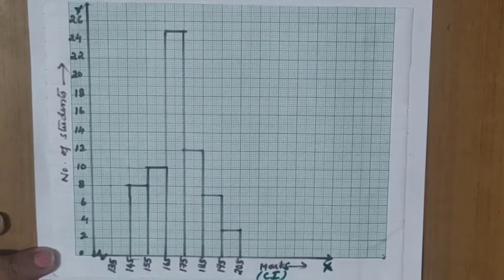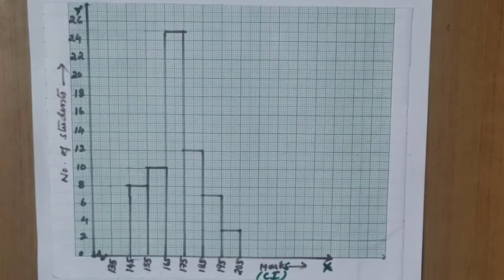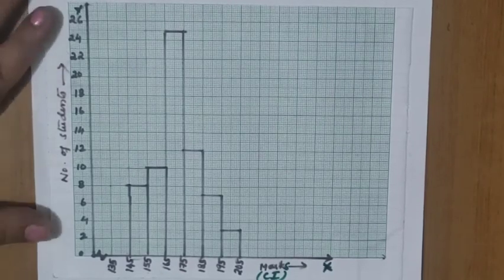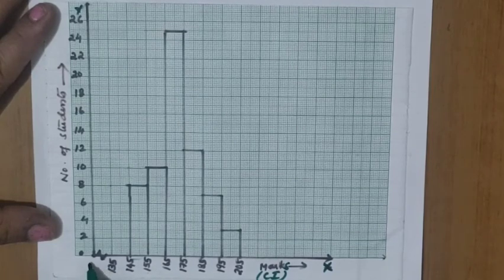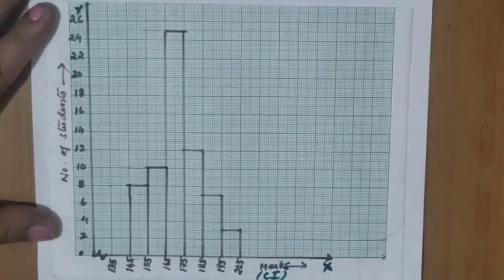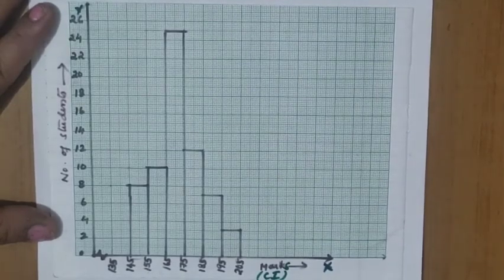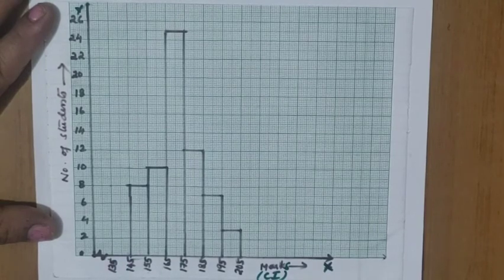Up to 135 we cannot show the readings. So what we have to do is put a kink mark on the x-axis. The kink means that whatever readings are there up to 135, we are unable to show here. Now leave one scale, one centimeter, then we can start the graph wherever required.